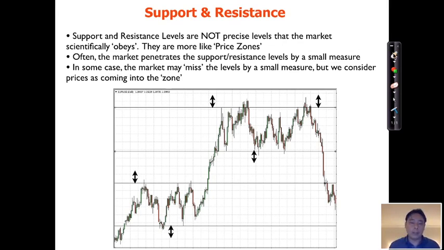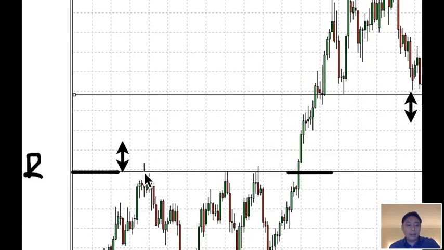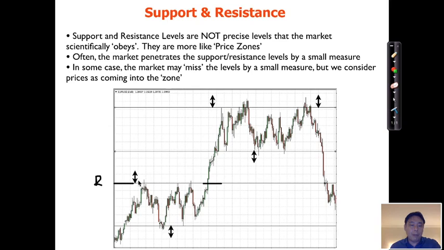So in this case, you can see that this was a resistance, and the price did not exactly touch it and go back down. It went above it. So you've got to give it some kind of buffer, like so.